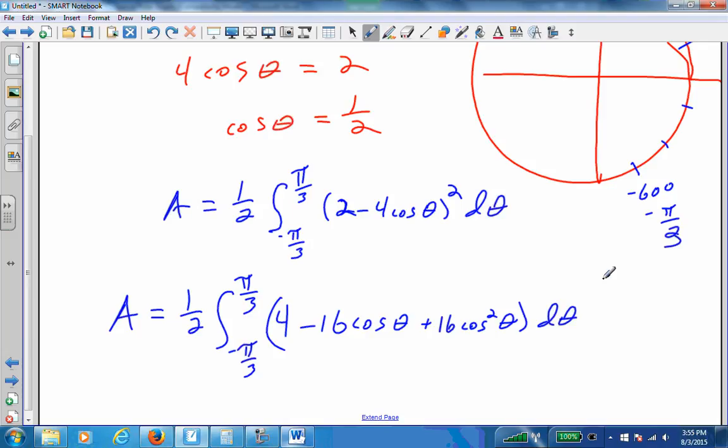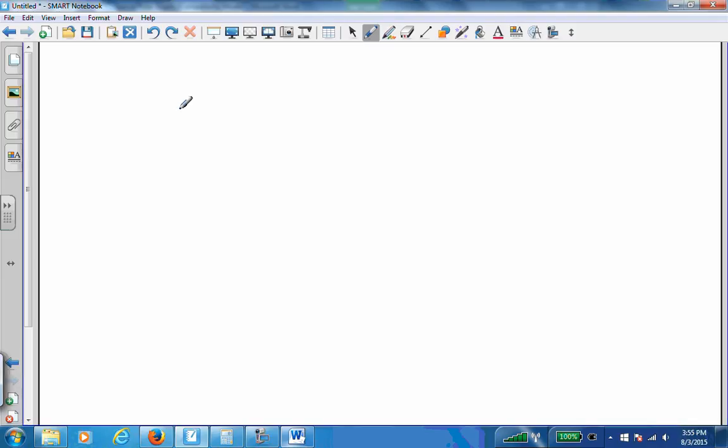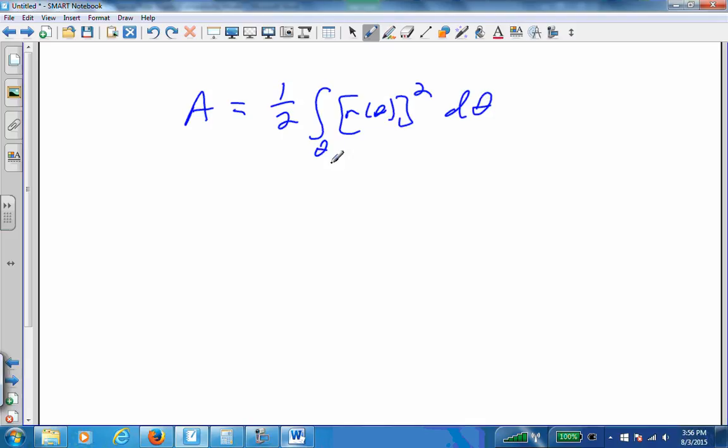So we'll stop there. The main thing is just knowing, okay, how do we find our limits of integration? We know to integrate a polar curve is 1/2 the integral of r squared d theta from theta 1 to theta 2.